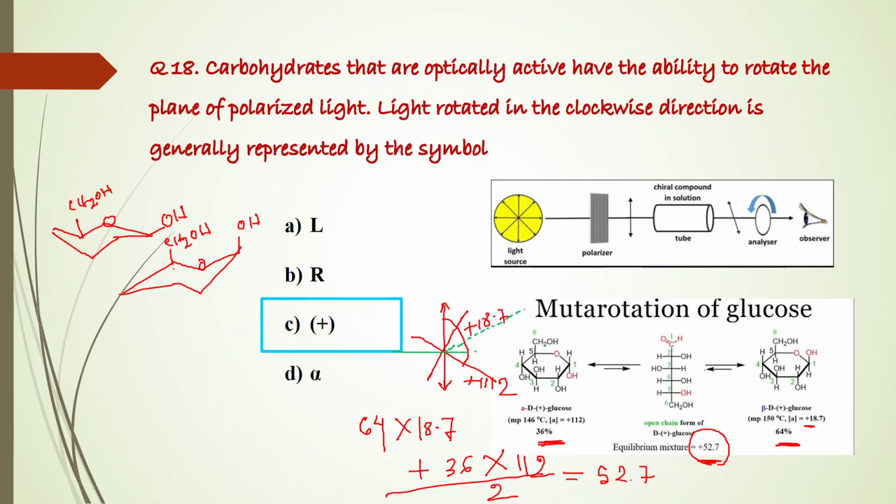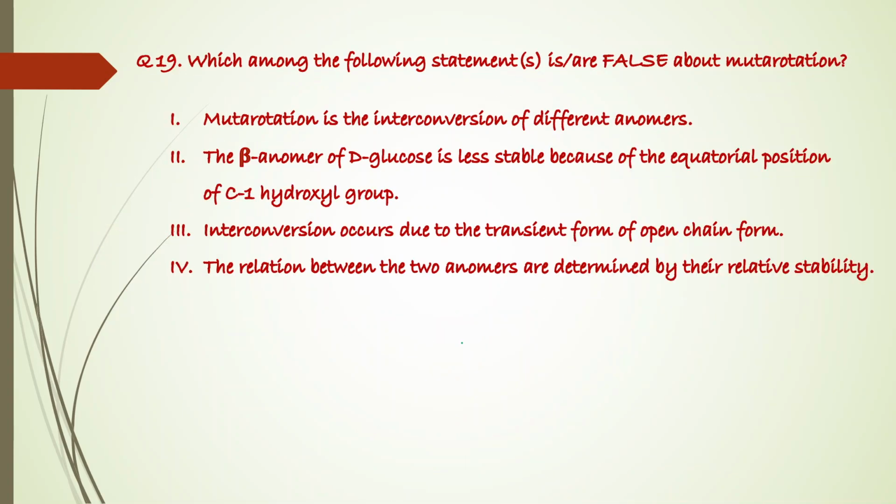If this was our plane, we get a rotation like 52.7, like this. Okay, so I discussed all of this for your understanding. Although these things are not included in the question, it can come in exams, so that's why I discussed this in detail. Okay, let us move to the next question.